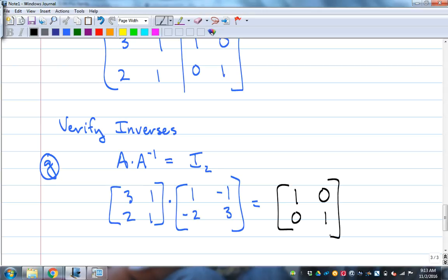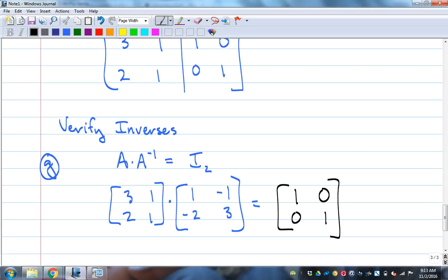And you get that diagonal of 1s over there. So if they ever ask you to verify that 2 matrices are inverses of each other, multiply them together. If you get that back, the diagonal 1s and 0s everywhere else, then they are inverses.